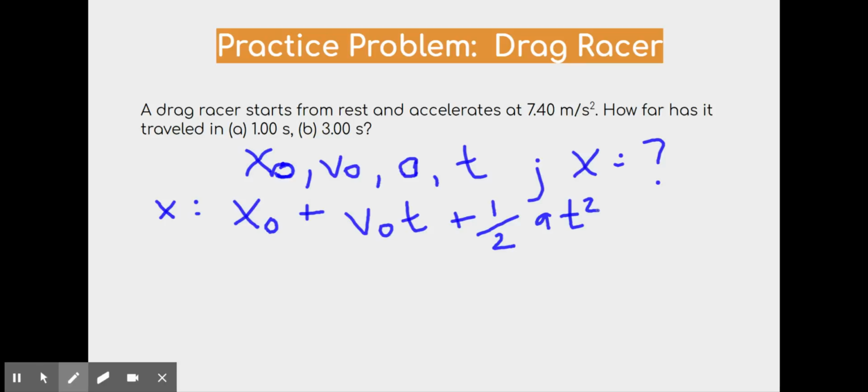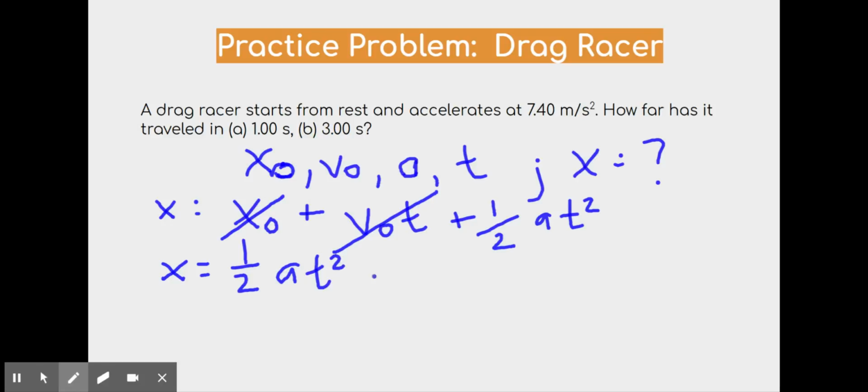Well, let's go ahead and plug in what we know. We know the original position, if it's at rest, is 0. So we can just completely get rid of this term. We don't need it. And our initial velocity is 0, which means this is going to go away. So now all we have is that our position is equal to 1/2 times the acceleration multiplied by t squared.